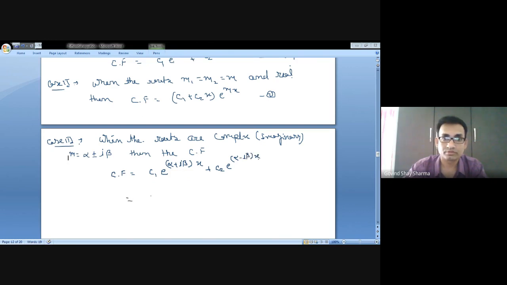Now here we can write e to power alpha x common, and then we have c1 e to power i beta x plus c2 e to power minus i beta x.